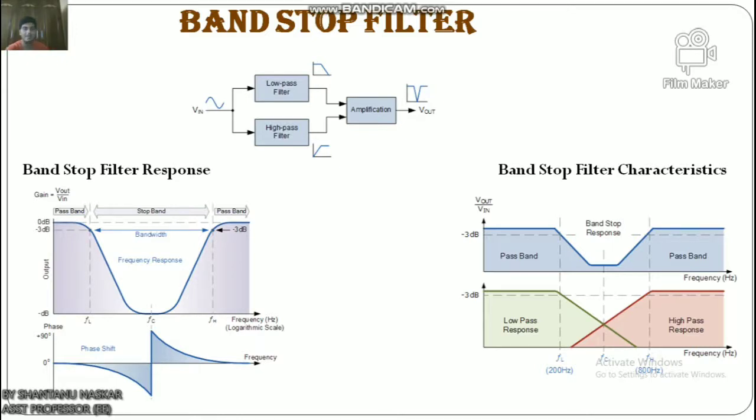Also, just like the band pass filter, the band stop, band reject or notch filter is a second order two-pole filter having two cutoff frequencies, commonly known as the -3 decibel or half power points, producing a wide stop band bandwidth between those two -3 decibel points.